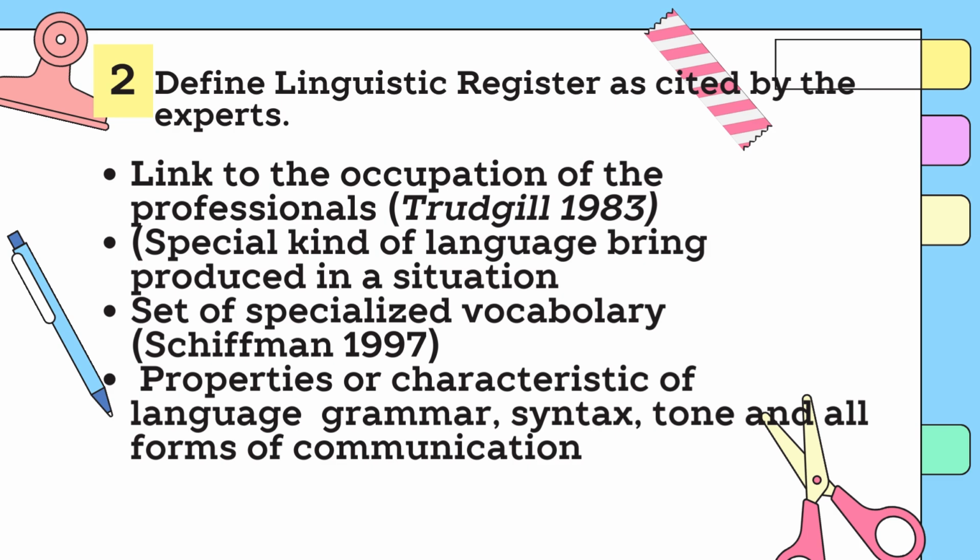Those are examples of professional words dealing with their occupations, and that is an example that Strigel 1983 would like to bring out. And then a special kind of language being produced in a situation, that's under Strigel 1983.